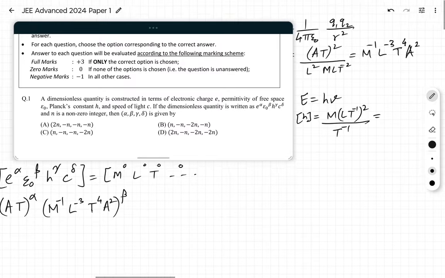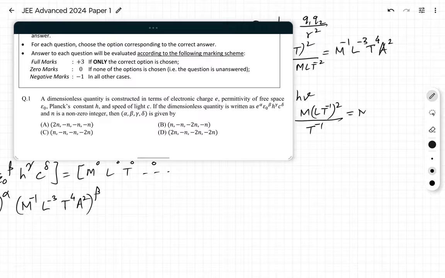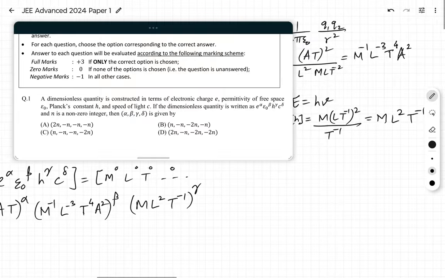If we simplify this, we get M to the power 1, L squared, T to the power minus 2 plus 1, minus 1, so M L squared T minus 1, to the power gamma.